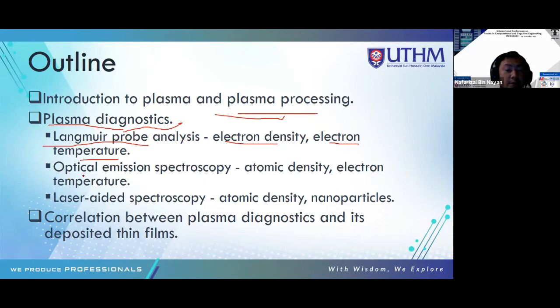And then we have optical emission spectroscopy, where you can understand the atomic density and electron temperature. And then we have a much more sophisticated technique, called laser-aided spectroscopy. This is a much more delicate tool, but we can also understand the atomic density and the nanoparticles.